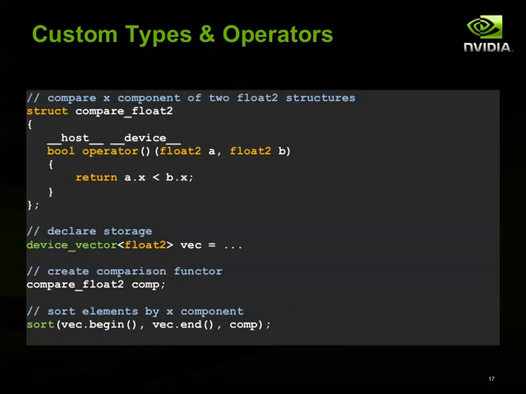Or if this is your structure, there might be a dozen different things you might want to consider when sorting numbers. But the nice thing is you don't have to write sort, you just have to write the comparison method. So it may be a little strange and awkward way of expressing the computation, but I assure you it's much easier than writing your own sorting algorithm for a particular case.